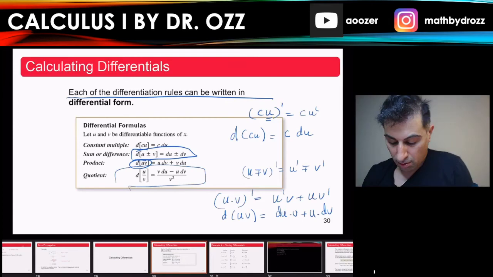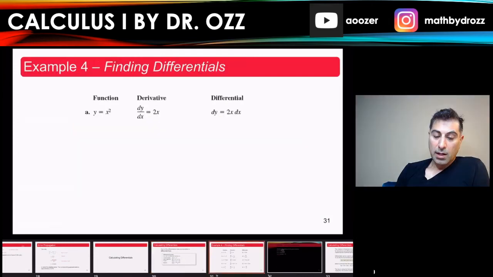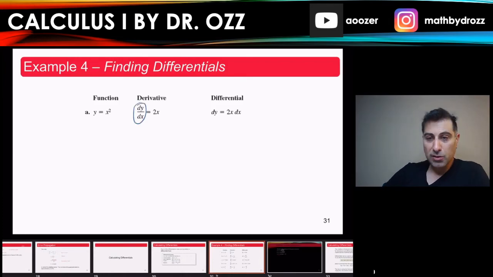In this particular example, we're going to try to find the differentials of functions. First off, if you write everything in Leibniz notation, dy dx notation, then the differential just follows. For example, dy over dx is the derivative of y with respect to x. That's 2x.